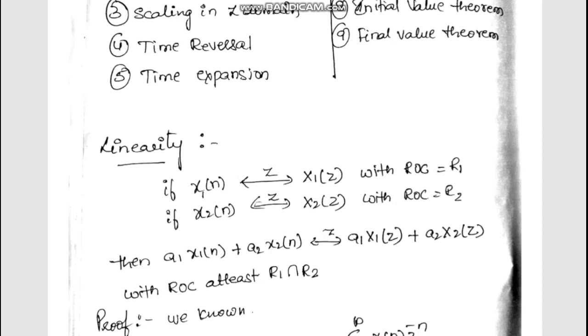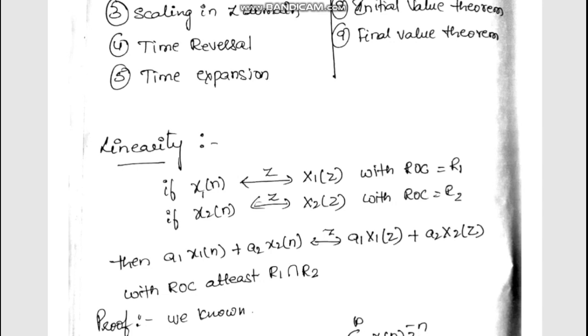You know what is an ROC? It is called region of convergence. Region of convergence mainly depends upon the alpha value, that is your R1. The second signal is x2 of n, for which we take the Z transform as X2 of z, similarly with the region of convergence R2.